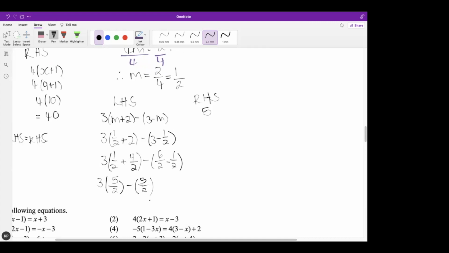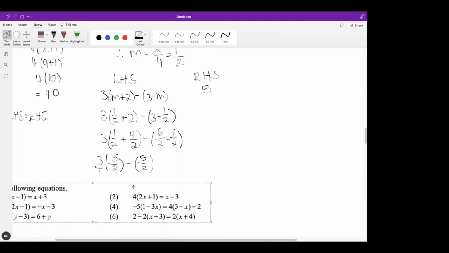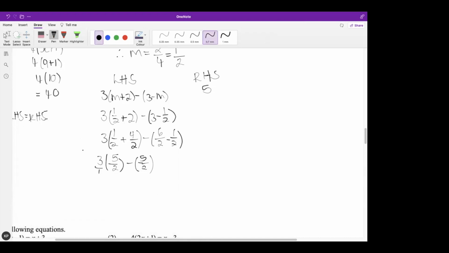Okay, now let's do the multiplication here. If I'm multiplying, I just multiply numerator with numerator and denominator with denominator. So then here I'll have 3 times 5 in my numerator, which gives me 15 over 2 minus 5 over 2. And what's 15 over 2 minus 5 over 2?